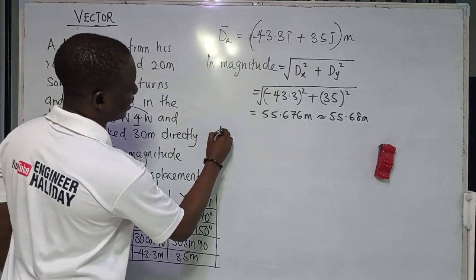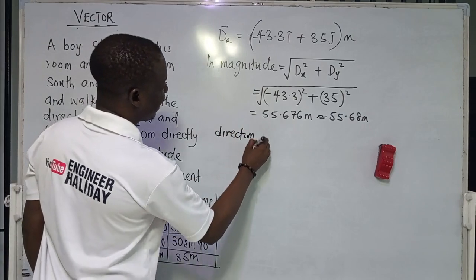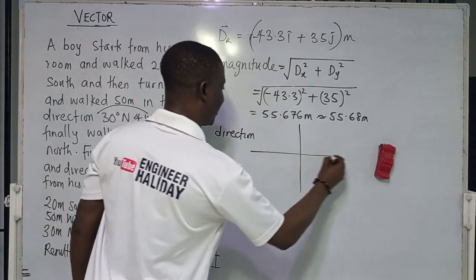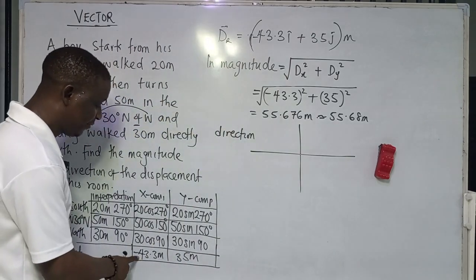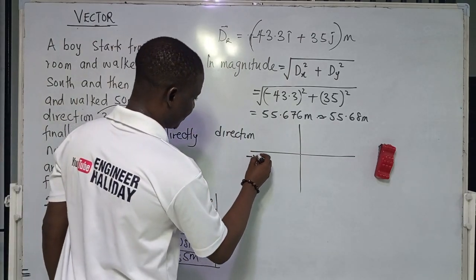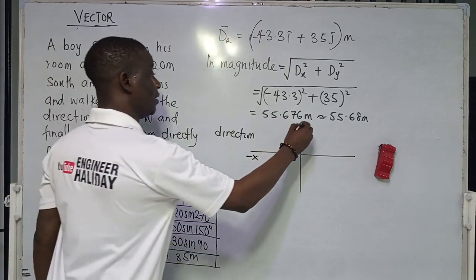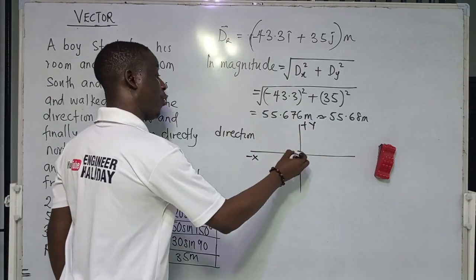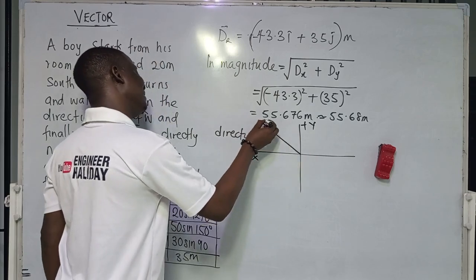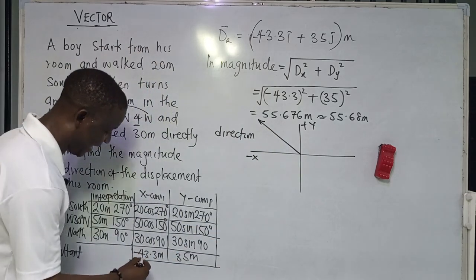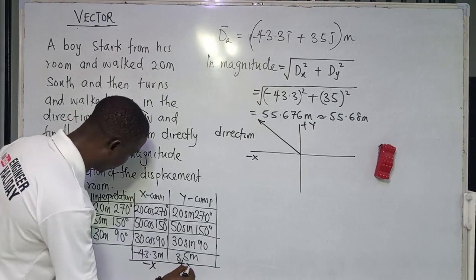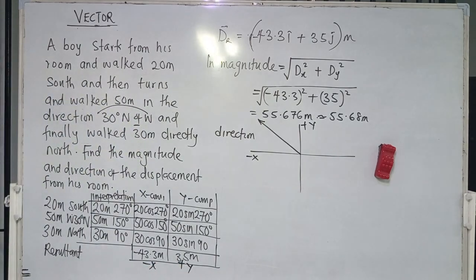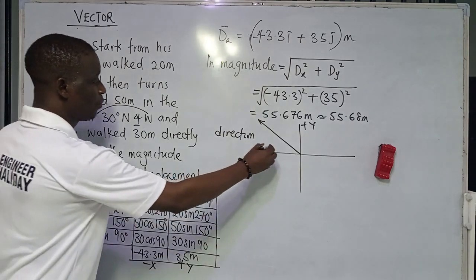Now, what about the direction? Don't forget, look at the board. We have negative x and positive y. So which quadrant do you think it will fall in? It will fall in the second quadrant. Look at it now: x is negative, y is positive. So this is the direction.